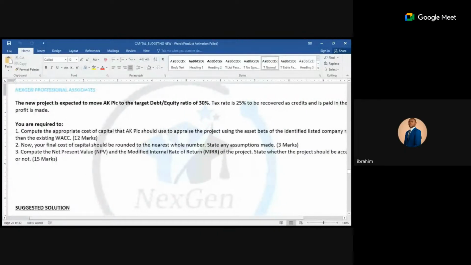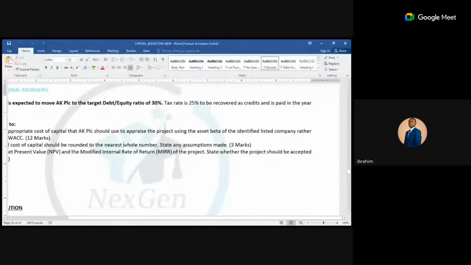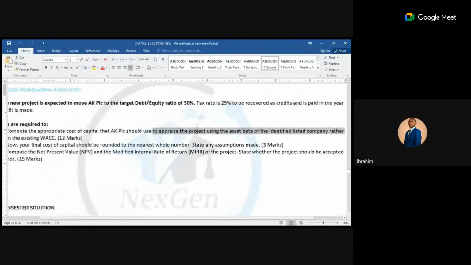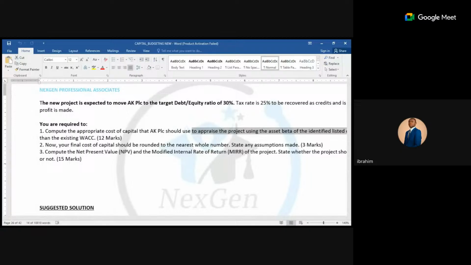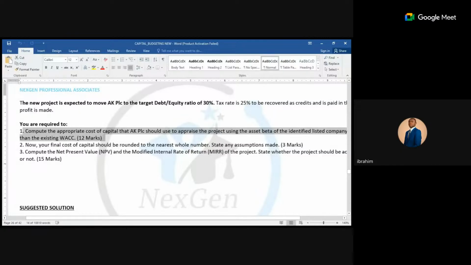Now, the first one is compute the appropriate cost of capital that AK PLC should use to appraise the project using the asset beta of the identified listed company rather than the existing. This is 12 marks.